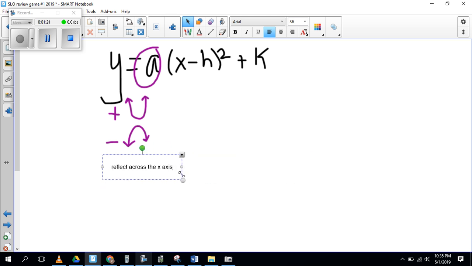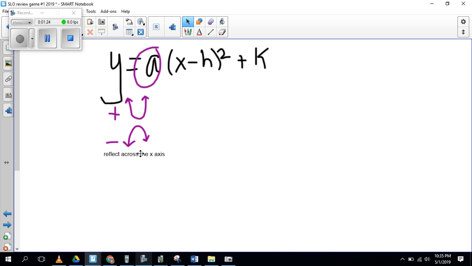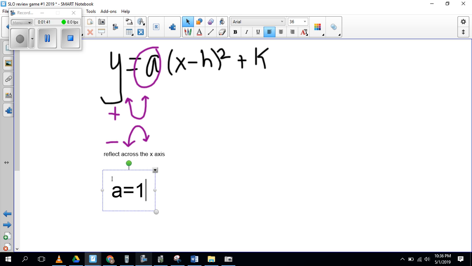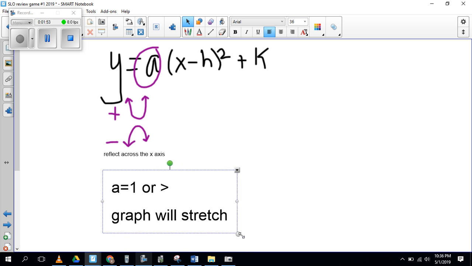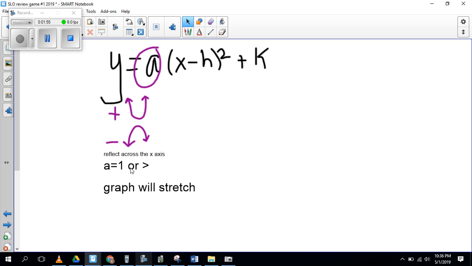So it's going to open down, but it's also going to reflect over the x-axis. Okay? And then also, if A is 1 or greater, basically the graph will stretch. That makes sense, right? Okay, so that's some things we got to know about A.